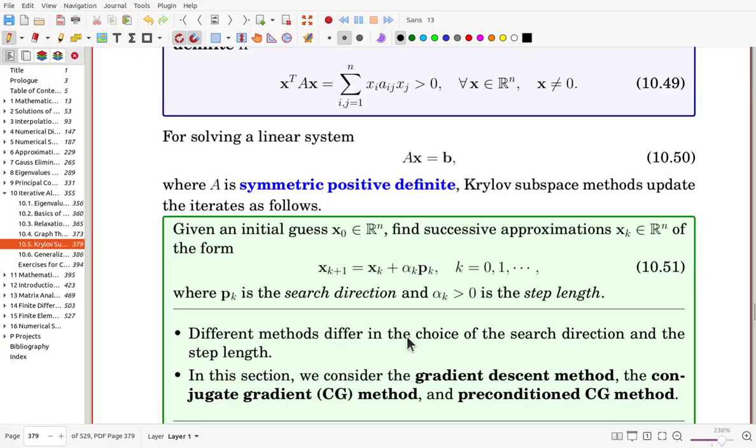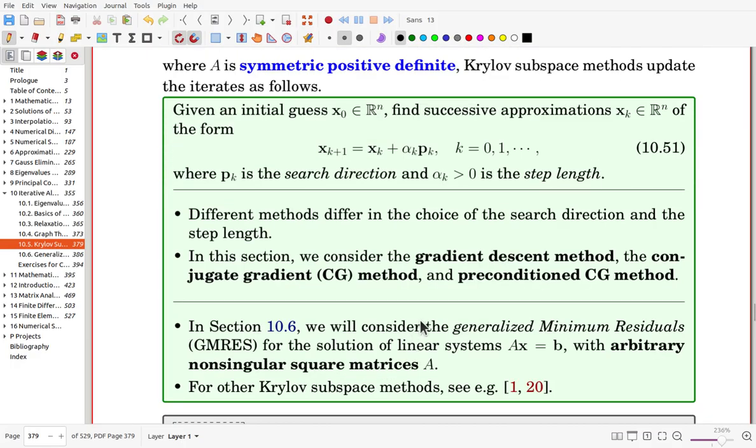Different methods differ in the choice of the search direction and the step length. In this section, we'll consider the gradient descent method, the conjugate gradient method, and preconditioned conjugate gradient.